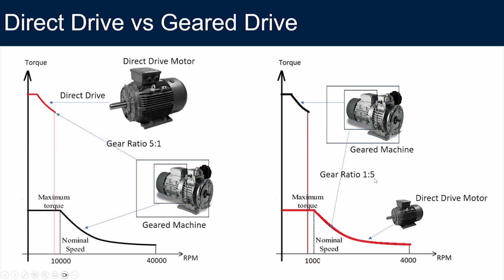So this is beneficial, whereas on the left side, you have the opposite situation where you have a high speed machine that is coupled to a gear, and then the torque is increased, the speed is reduced. So to match the same torque speed profile, you'll need a machine that's weighing more, so that it adds more weight to the package. So that's not beneficial.